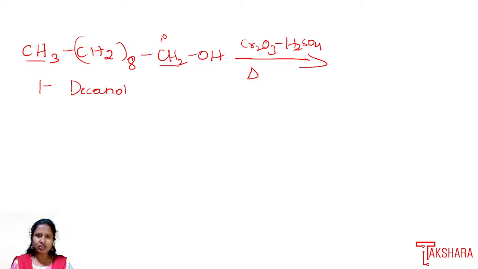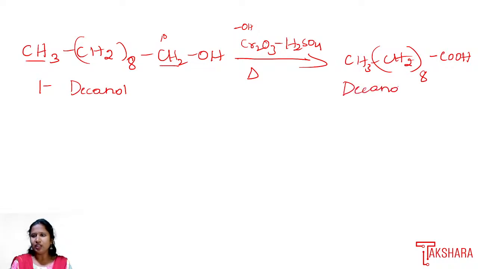See this CH2OH group: CH3 (CH2)8 remains as it is, and the OH is going to be removed and COOH is going to form, which is called decanoic acid.